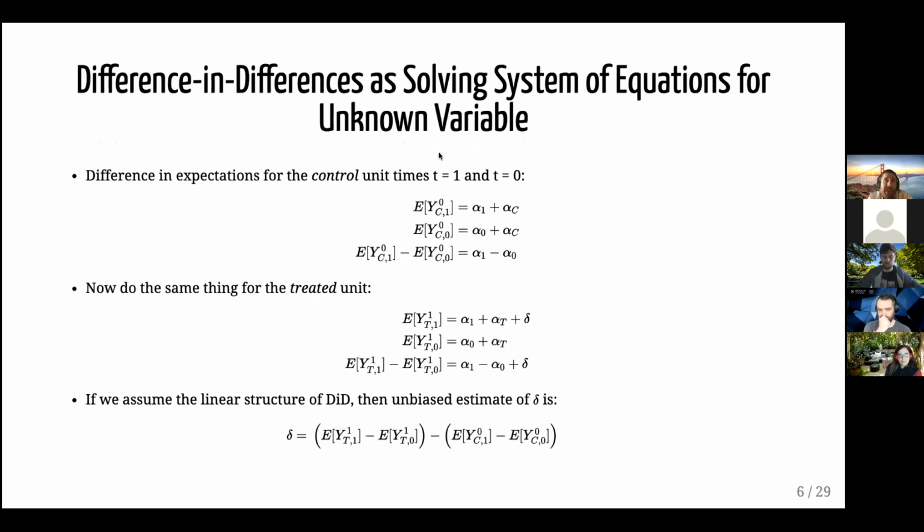And so the way I think about this is as a simple system of equations, right? From doing algebra back in undergrad econ. So assume again we have two units, the treatment unit and a control unit. What this is saying is that for the control unit, it's going to be a function of these fixed effects for the control unit.